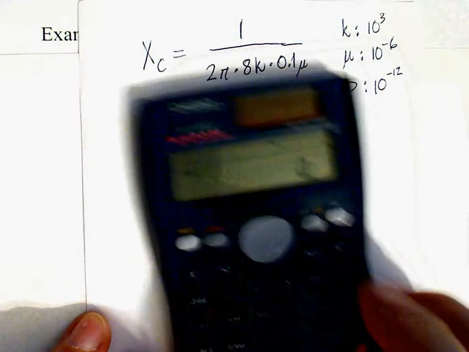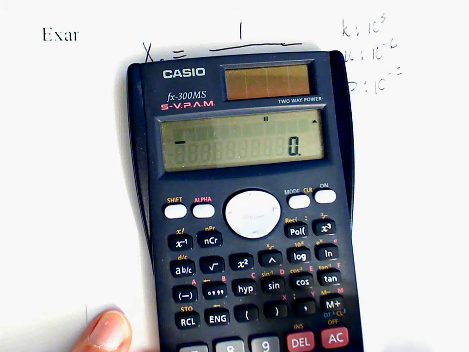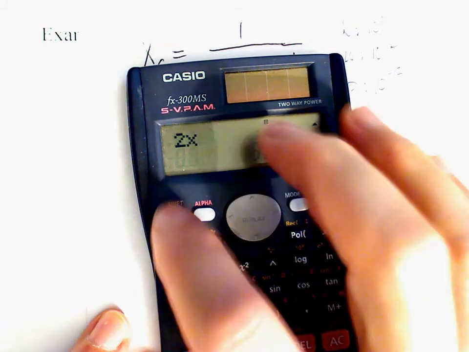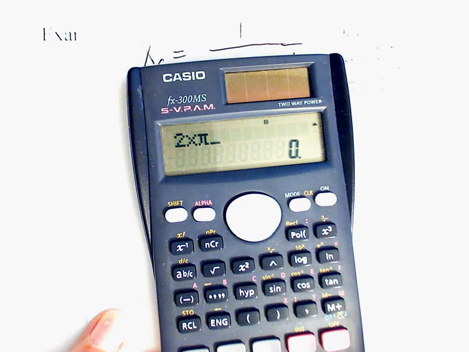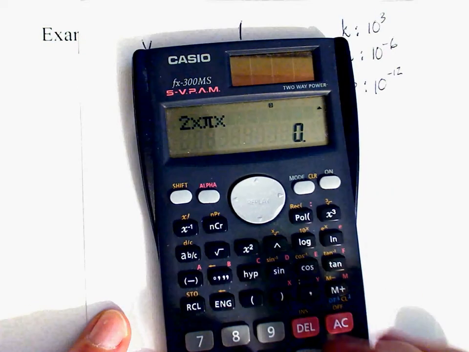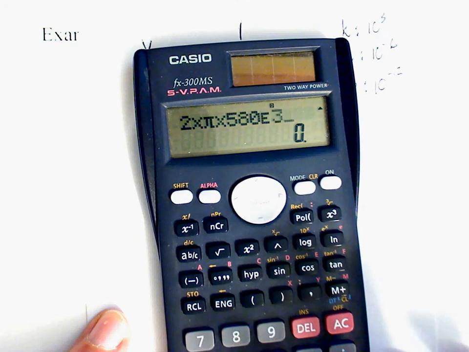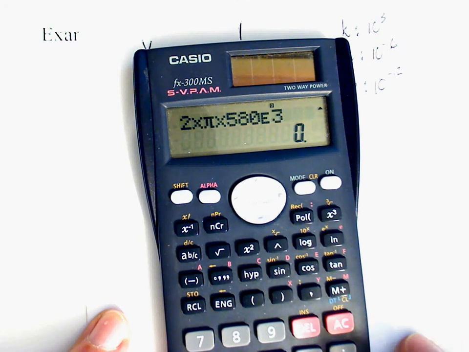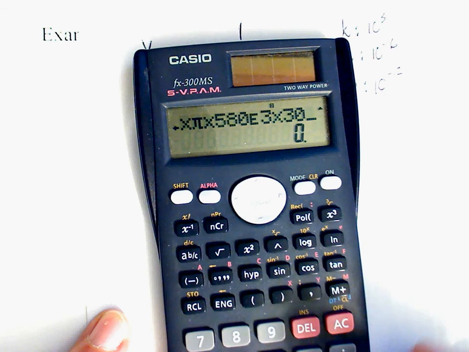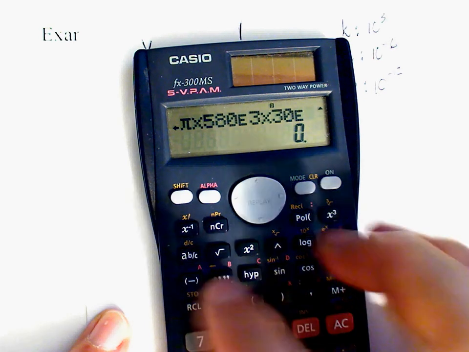Okay, so here we go. 2 times pi times 580 times 10 to the third times 30 E negative 12.